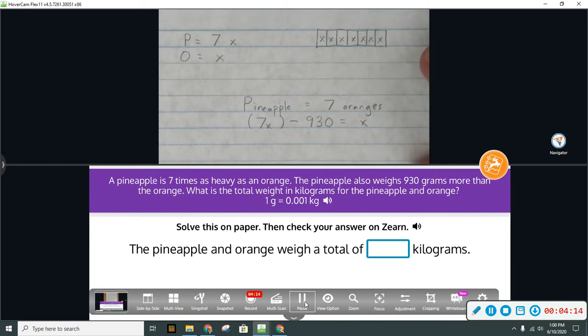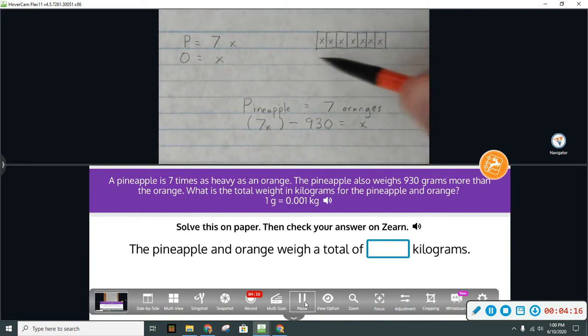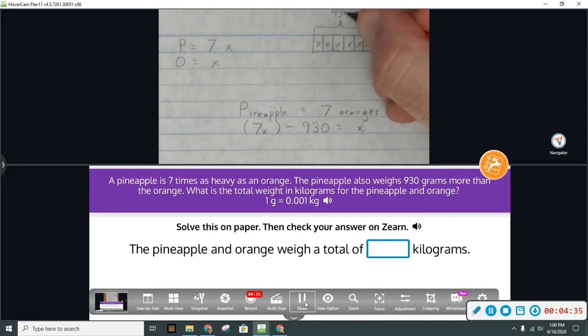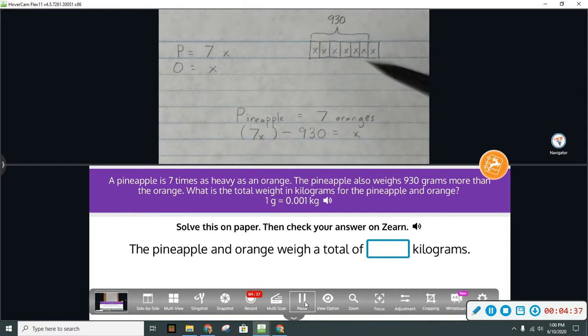Another way to look at it, let's go back up to our tape diagram. This was a whole pineapple, remember? Okay. Well, if I take out everything but just this last one, which is, again, the weight of the orange, all of this stuff together should be 930. Remember, the total weight of the pineapple minus 930 grams is equal to just 1 orange.